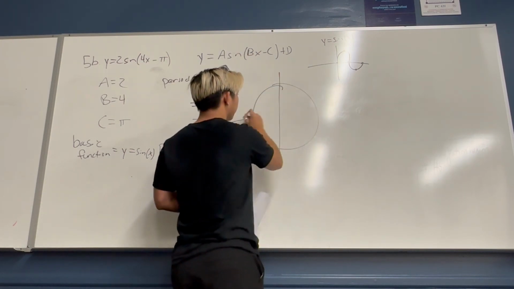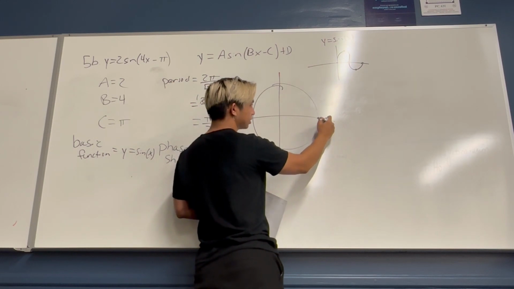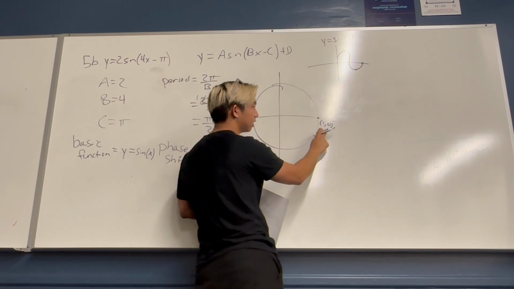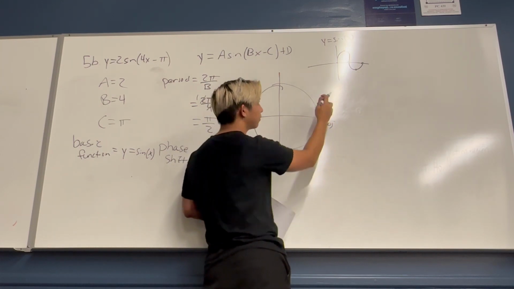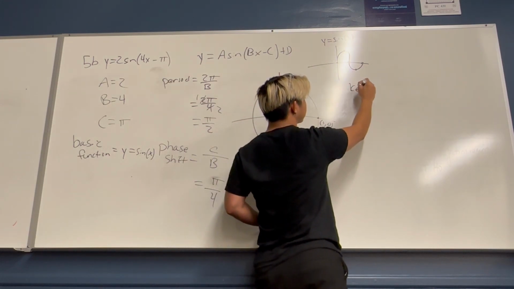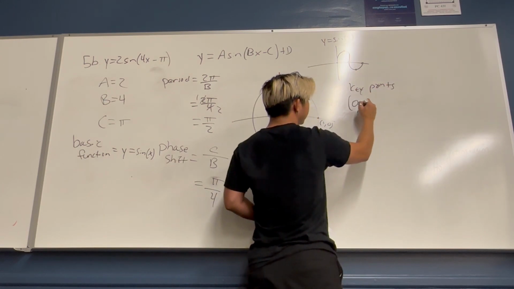So imagine the unit circle, right? We always start at the angle 0, but what point do we start at here? It's 1, 0, right? So at the angle 0, our y or our sine is 0. So our first point here is 0, 0. So our key points: our first coordinate is 0, 0.